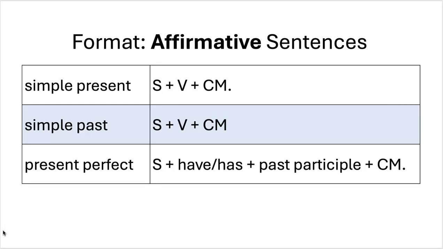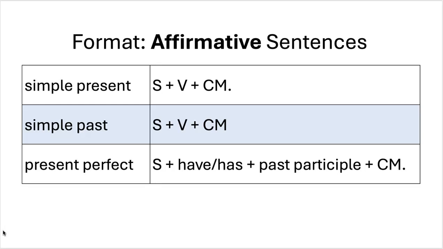Subject plus verb plus complete meaning. The present perfect is very similar. We just add have or has plus the past participle. So we have subject plus have or has plus past participle plus the complete meaning.